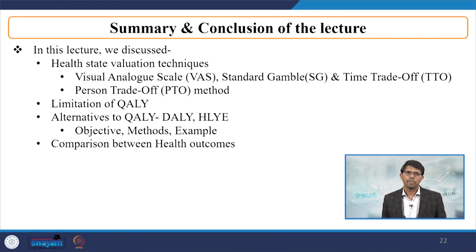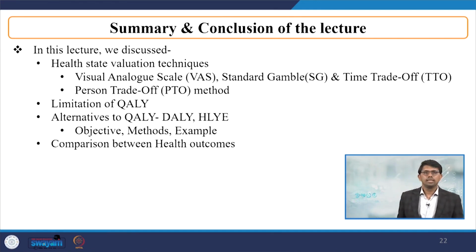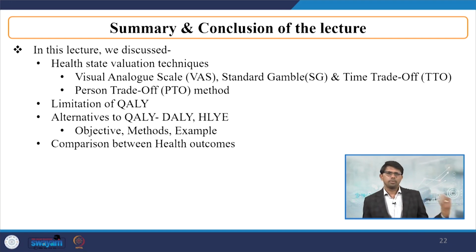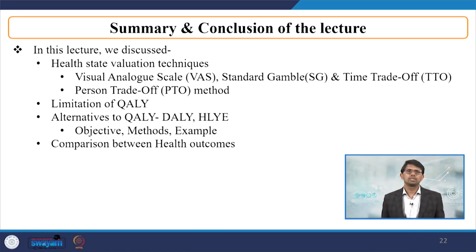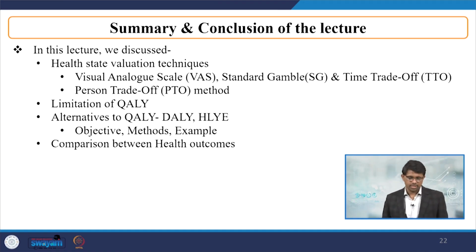So in short, what is important in this lecture, and even the previous lecture, is that we discussed the QALY, and here we discuss health state valuation techniques such as the VAS, the standard gamble and TTO, as well as PTO, linking with the social values.